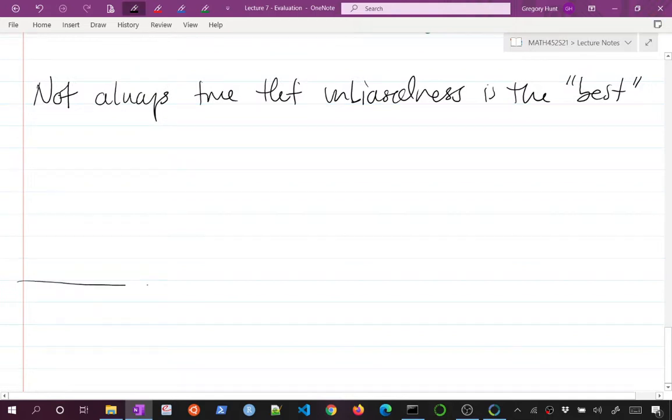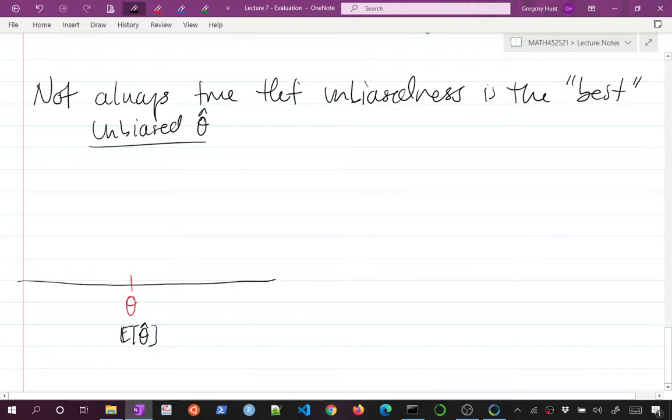So let me just illustrate an example, right? So here is an example of an unbiased theta hat. So the expected value coincides with my true value of theta. But I could have a really large variance. So it's unbiased, but it has a large variance.